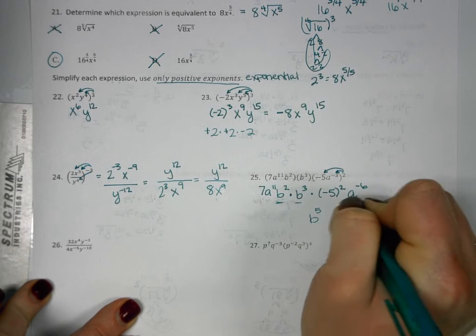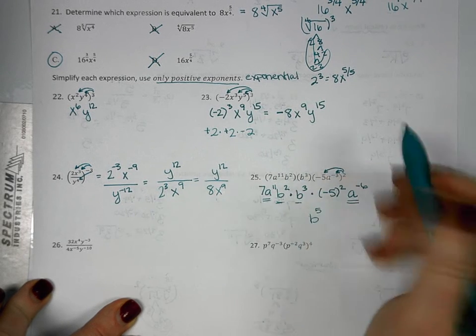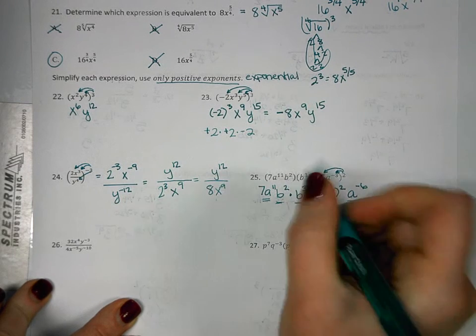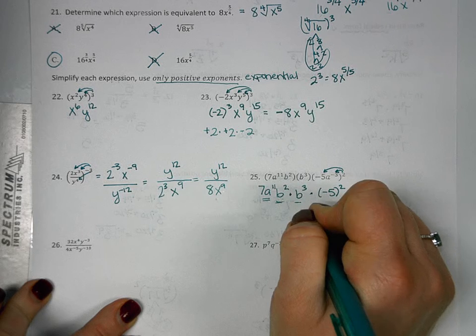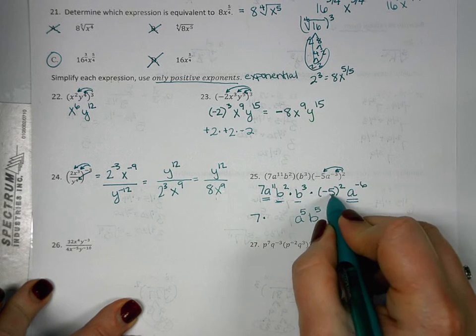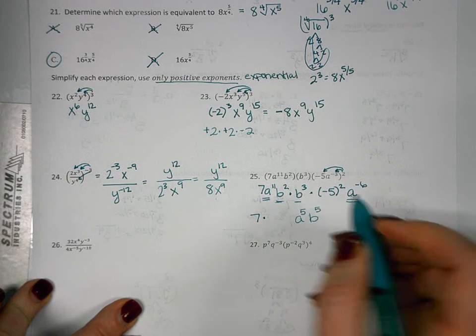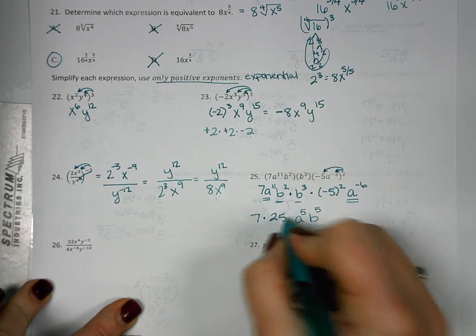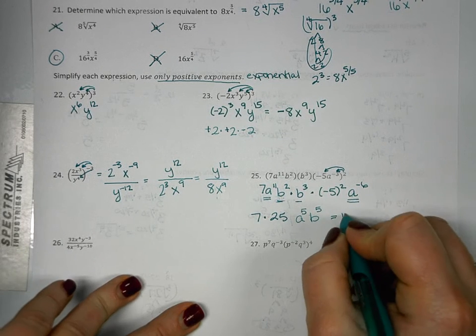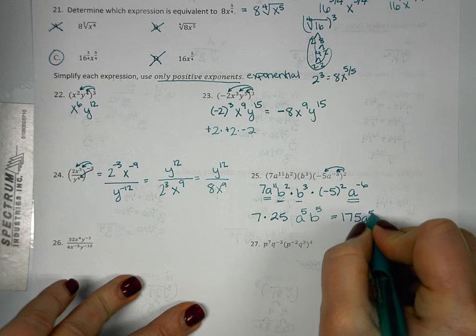Same thing with my a's. Like bases being multiplied, so 11 plus negative 6 will give me 5. And then my numbers, I have 7 times negative 5 squared is 25. So in your calculator, you can do 7 times 25, and you would get 175, a to the 5th, b to the 5th.